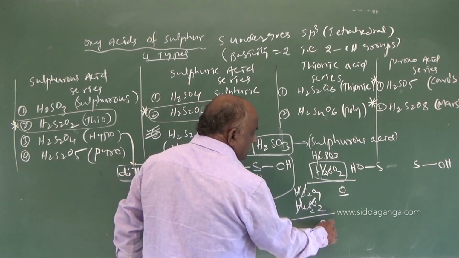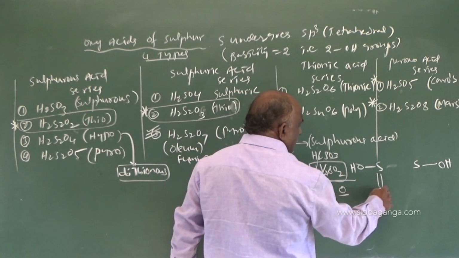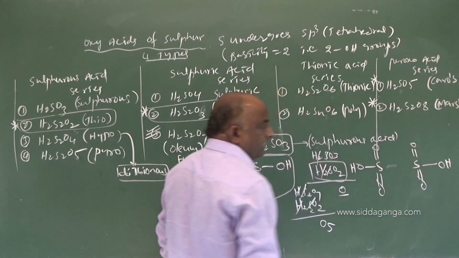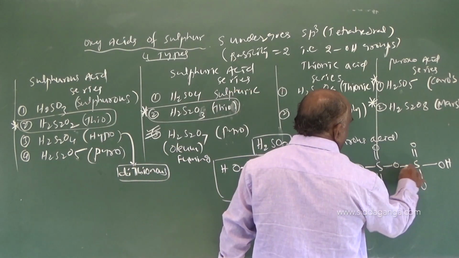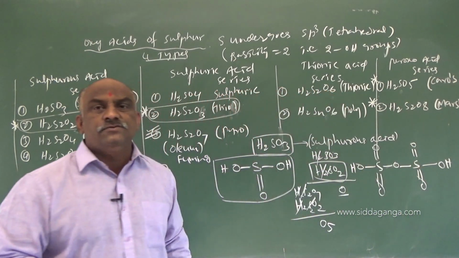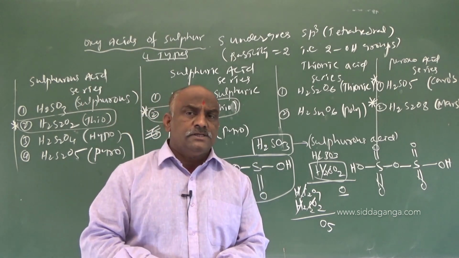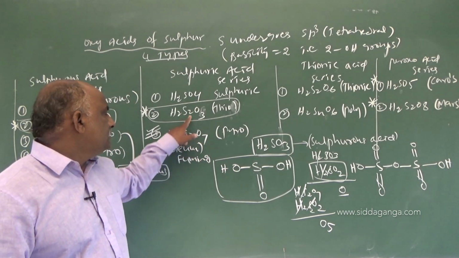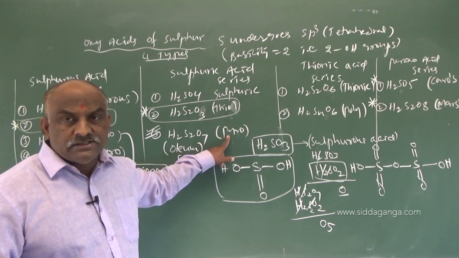Still we require 5 oxygen atoms. 1 oxygen is connected like this: 1, 2, 3, 4. Then where should we place the fifth one? The fifth one takes place between 2 sulfur atoms like this. An SOS bond takes place in fuming sulfuric acid, which is also called oleum, or pyrosulfuric acid.